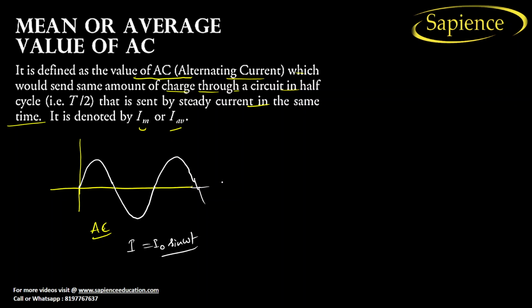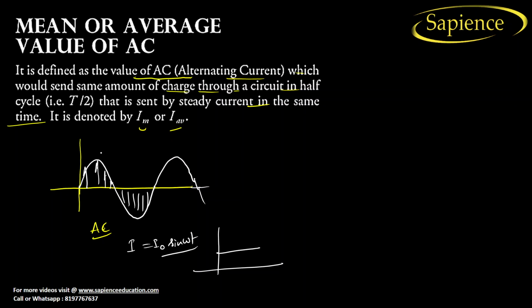But we are not getting the exact current value. Why? Because the current is changing from one time period to another, so it is very difficult to analyze. So we need a discrete value that we can use. So we can find the average of the current, which will be equal to the steady current.